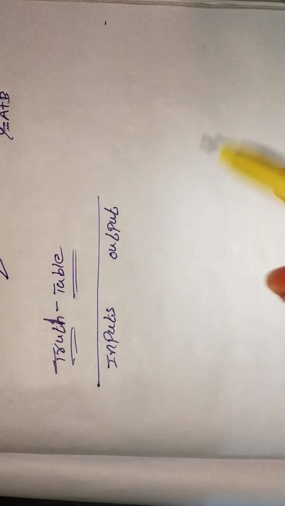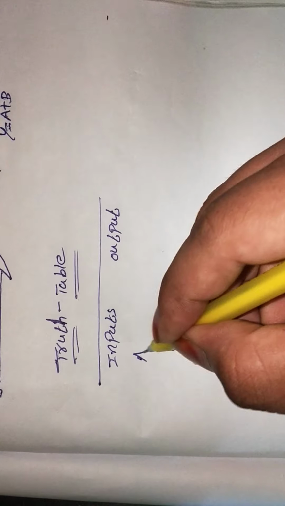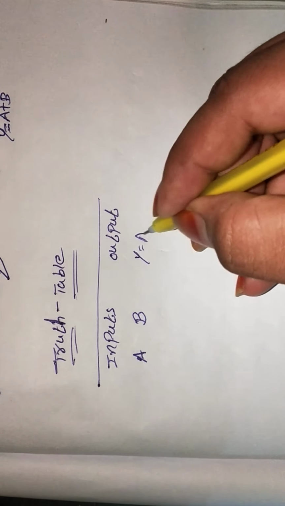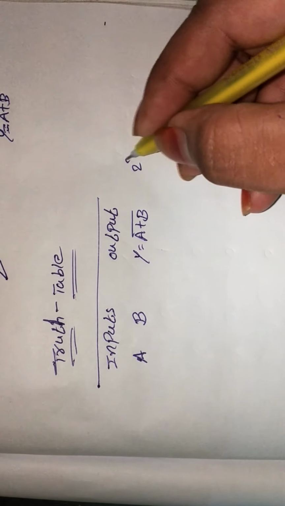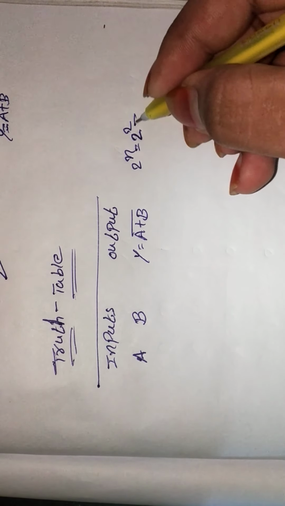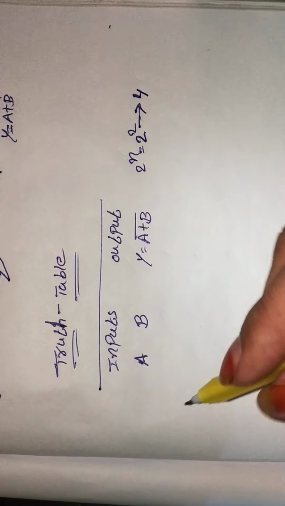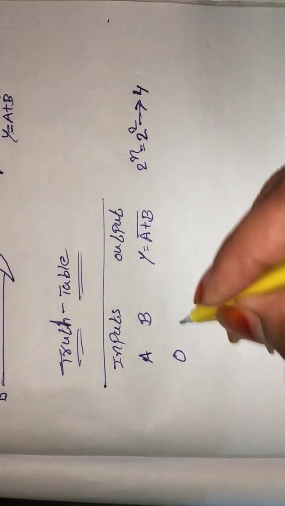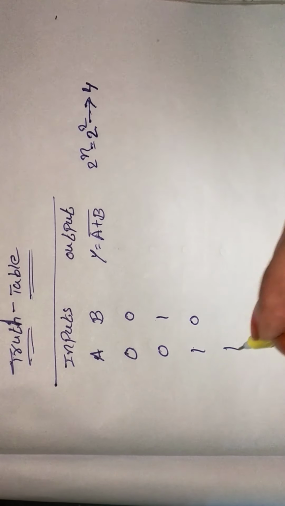Therefore the truth table has two input variables a, b. Output y equal to a plus b whole bar. Here n equals 2, therefore 2 squared is 4. There are 4 combinations present in the input variables: 0 0, 0 1, 1 0, 1 1.